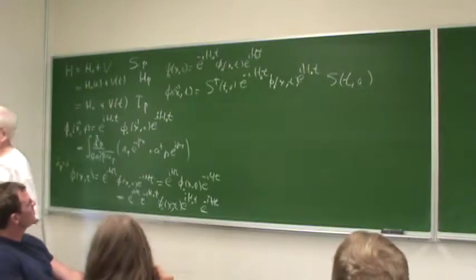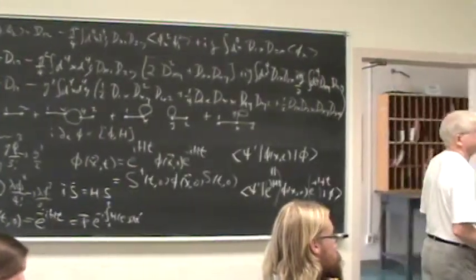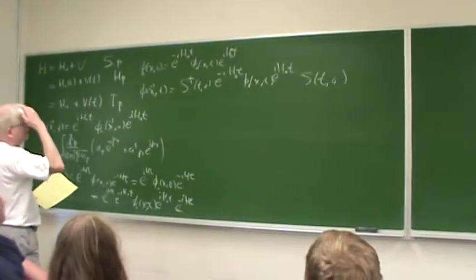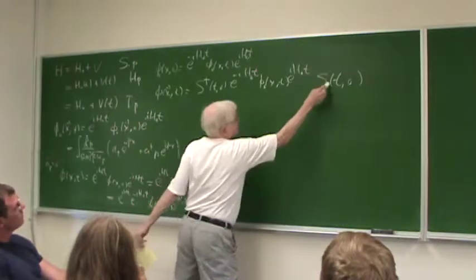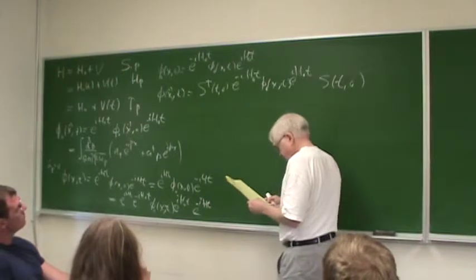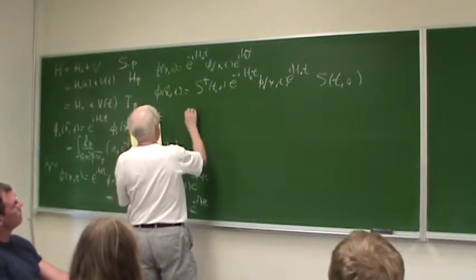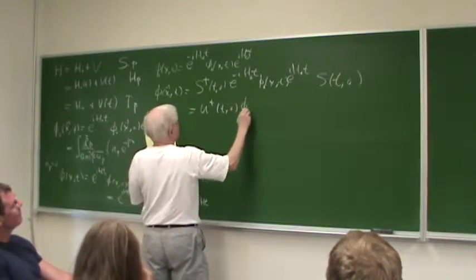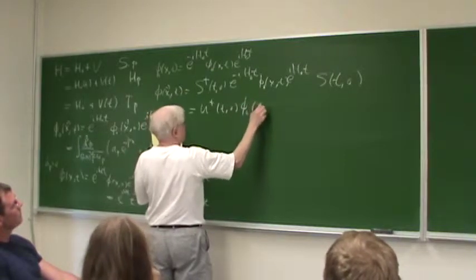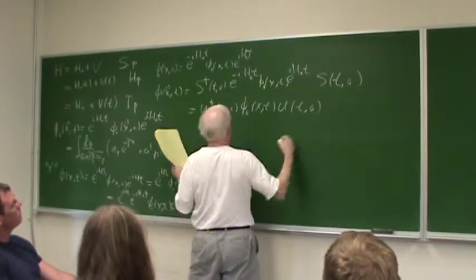Didn't I introduce S already? Yes, S is just e to the minus i H t. And so this thing here just turned into S of t and 0. Okay, and we're going to call this U dagger of t and 0, phi 0 of x and t, U of t and 0.